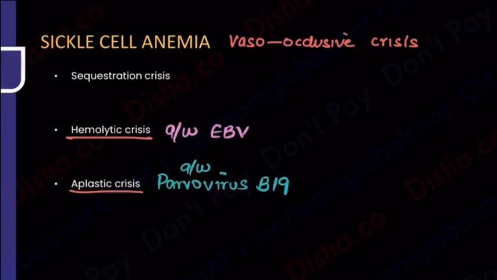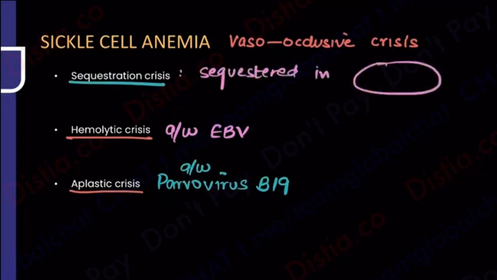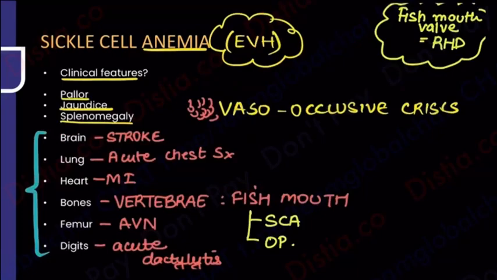Next, the sequestration crisis: all the sickle cells get sequestered in the spleen. Please note, the spleen is really essential over here.